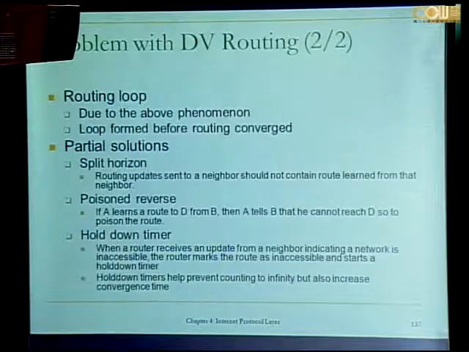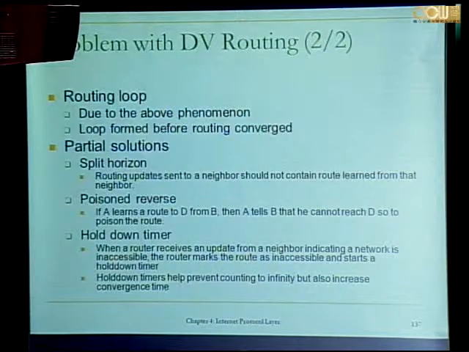So the count to infinity problem can be partially solved in distance vector, but the slow convergence cannot be solved. It's still slow. That's the disadvantage. For a small network, fine. But for a large network, it takes a longer time to converge.